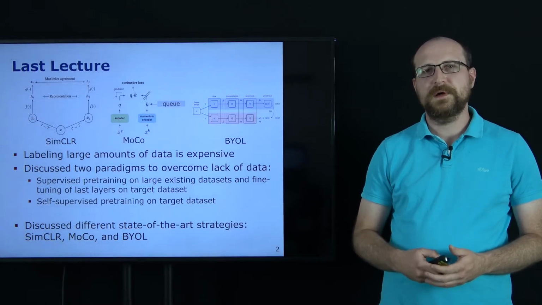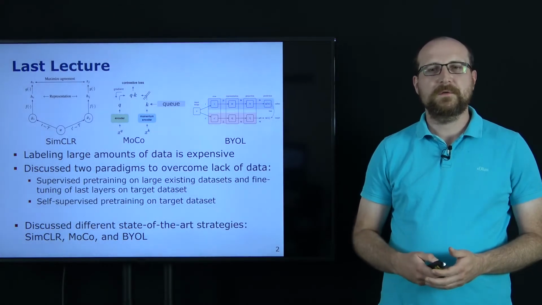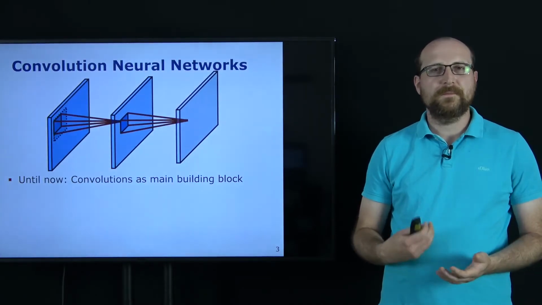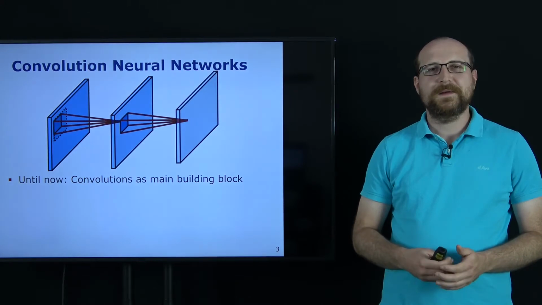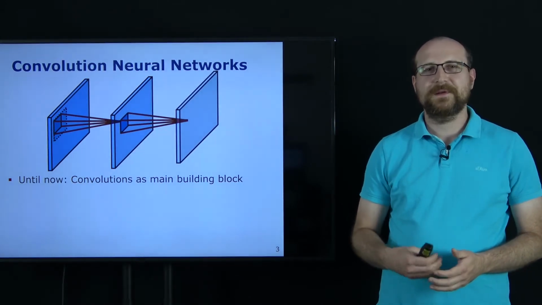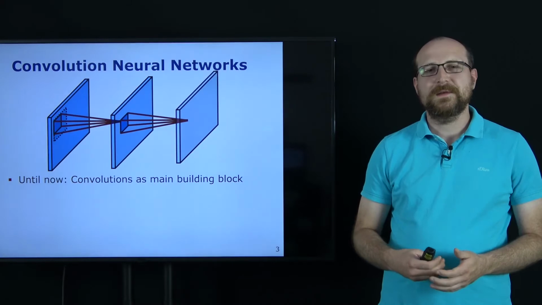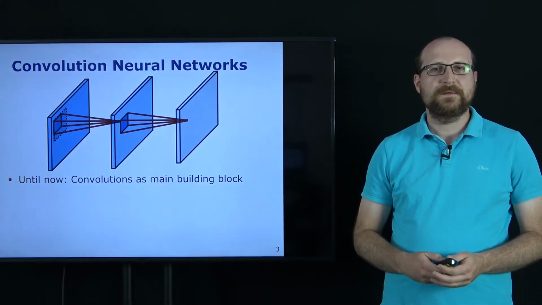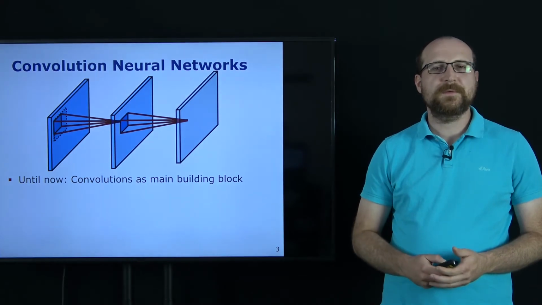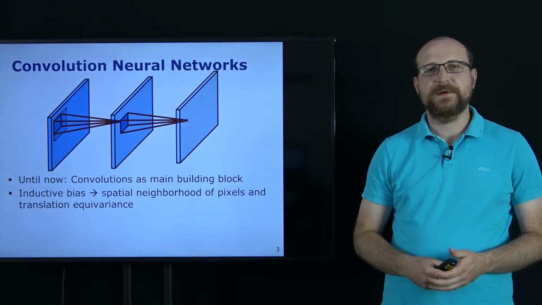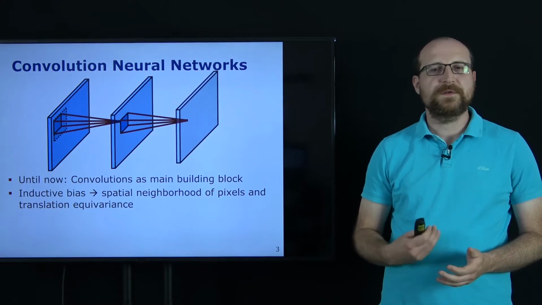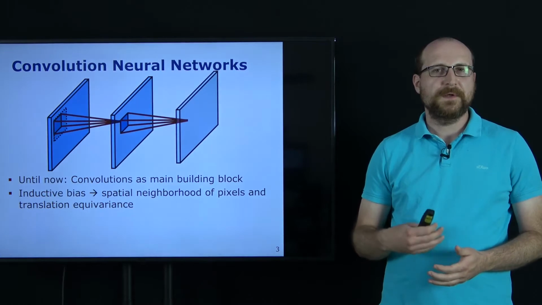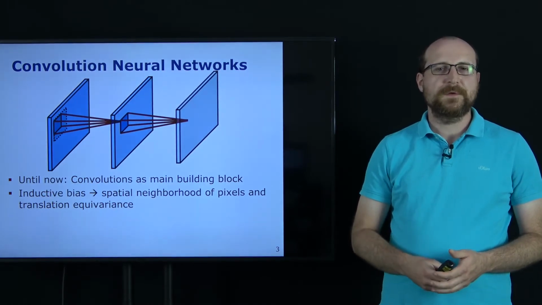And for all these tasks, we used the so-called convolutional neural networks. We hopefully now understand how they work and that they are very powerful, and the convolutions are the main building blocks there. We use convolutions because they have some inductive bias, like that the spatial neighborhood of a pixel should also provide some information about the content of the image.